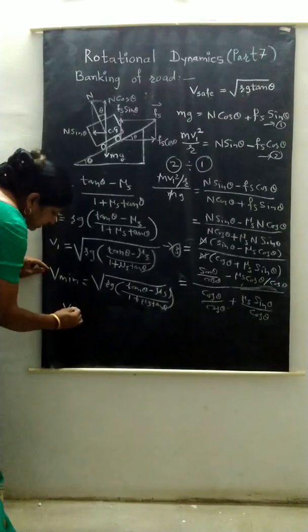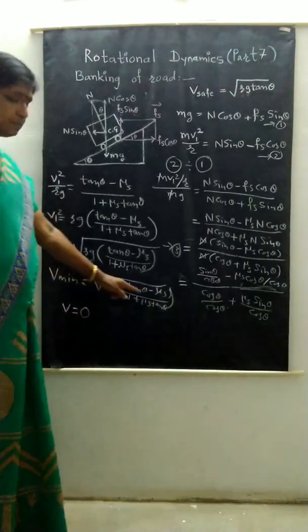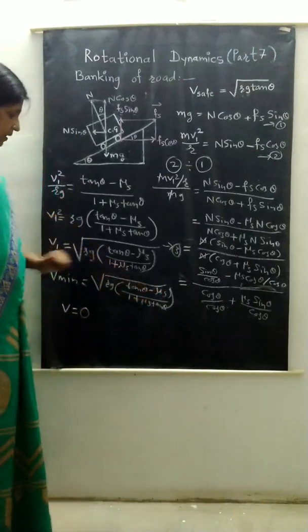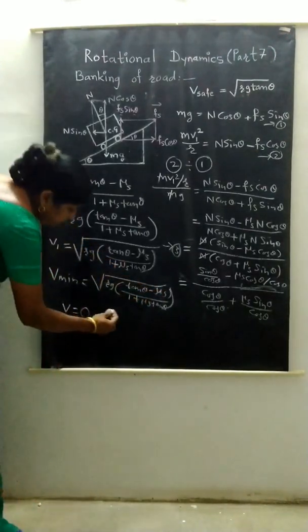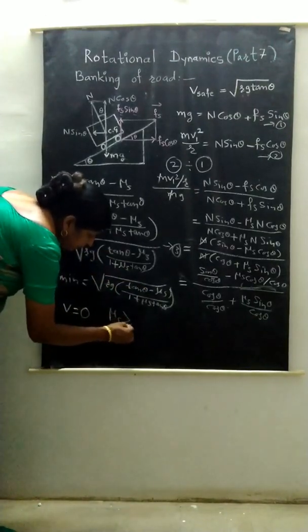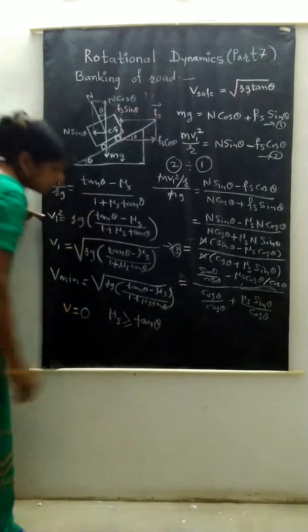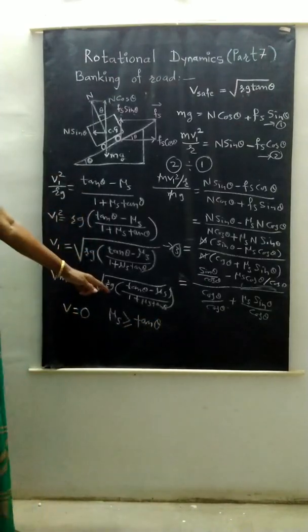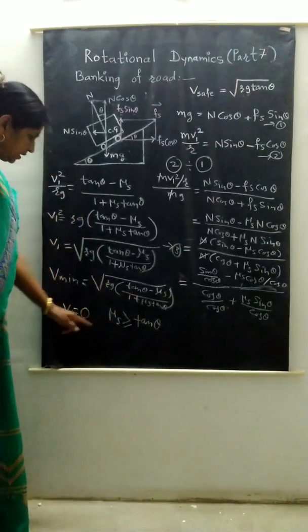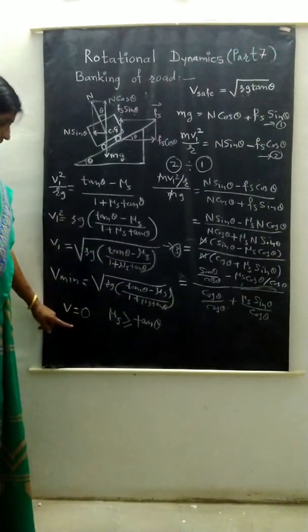V will become 0 if this numerator becomes 0. Therefore, if mu s is greater than or equal to tan theta, then we can drive the vehicle with very low speed.